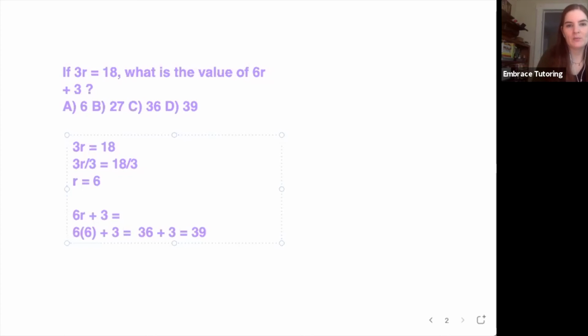Okay, so that's one example. If we go back to our math test, if I can find it. Seriously, I always have too many windows open. There we are.